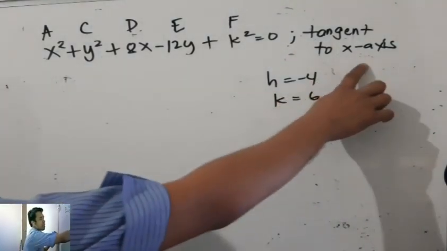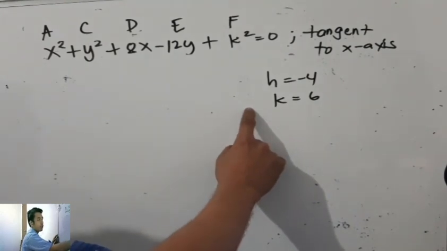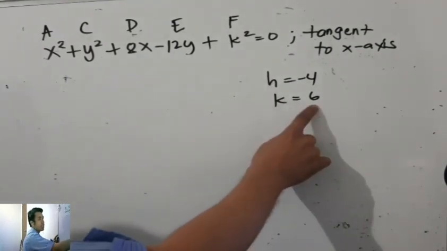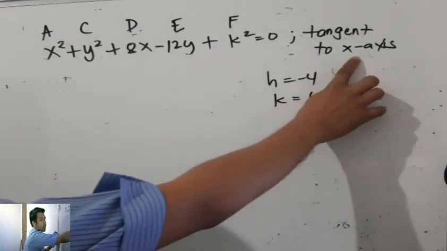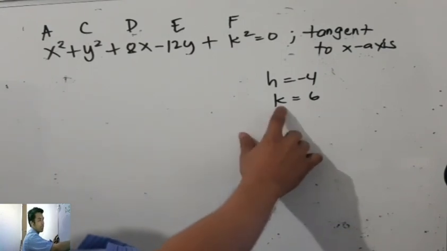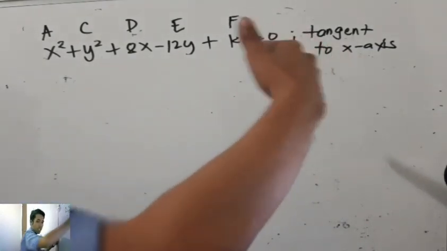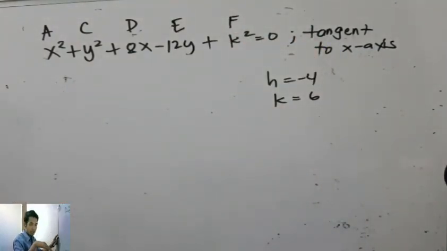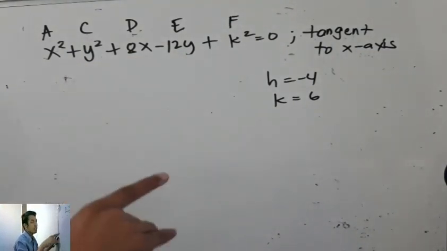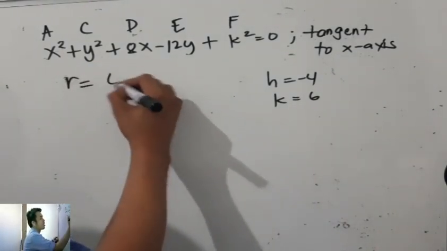One of the ways to get the radius is simply to get the distance from the center to the x-axis, and that is from the k, which is 6, to the x-axis, which is 0. So the radius is 6 minus 0, which is 6. So the radius now is 6.